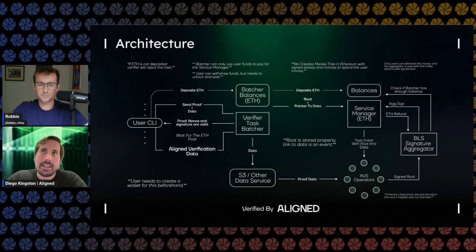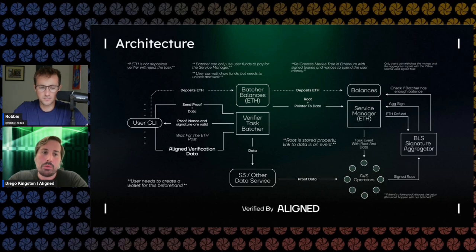And the idea is that you just make a small deposit, you have an account, and then when you sign for the task and we send it, the batcher is going to take a small amount to pay for all the costs.